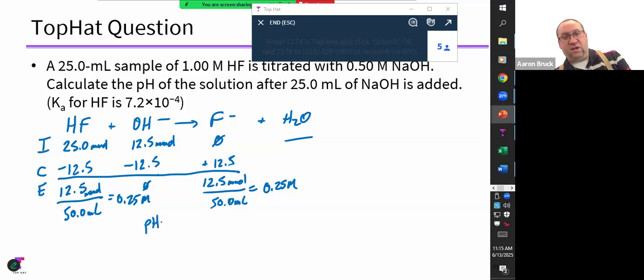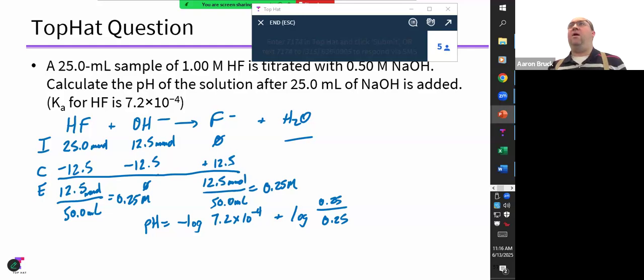So pH is equal to pKa, the negative log of 7.2 times 10 to the negative fourth, plus the log of the base concentration, 0.25, divided by the acid concentration, 0.25.